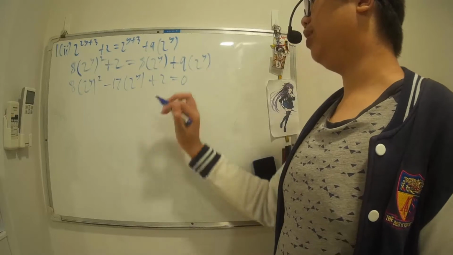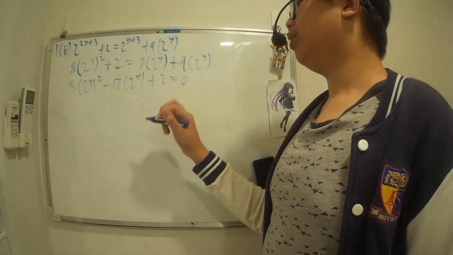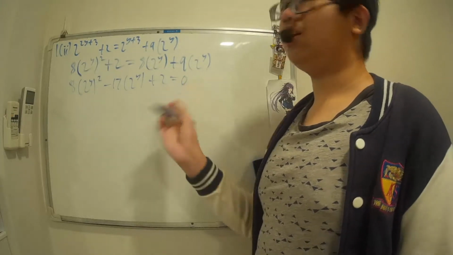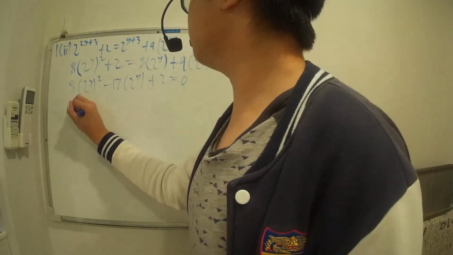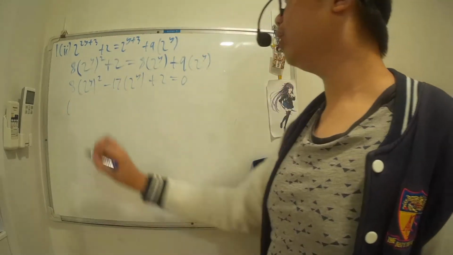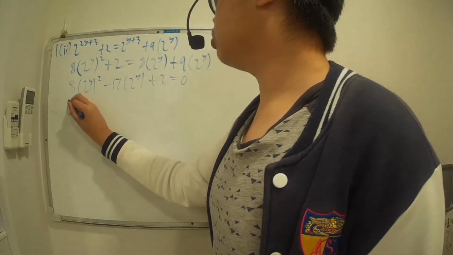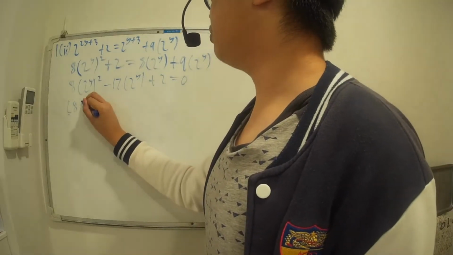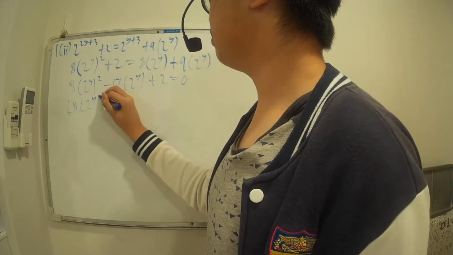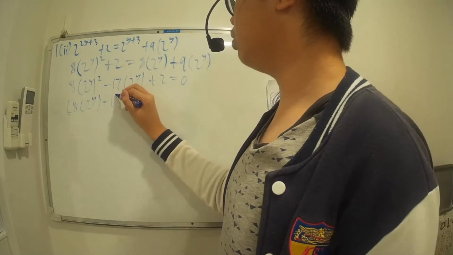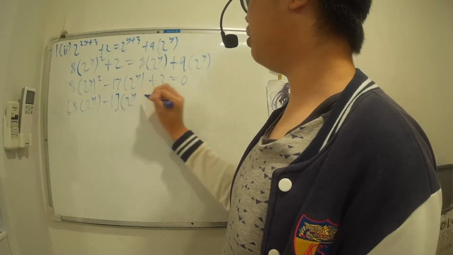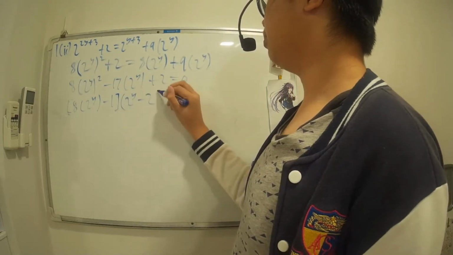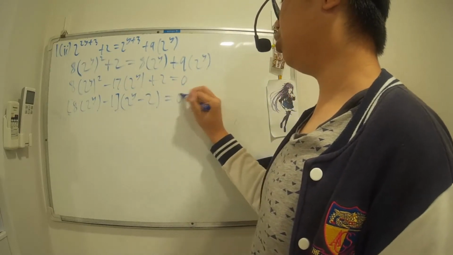Okay? So there's only two possibilities because since this is 2, this must mean that we must have a negative 2 and negative 1, okay? Because it's 17, so 8 times 2 to the power of y minus 1, or 2 to the power of y minus 2, is equal to 0.